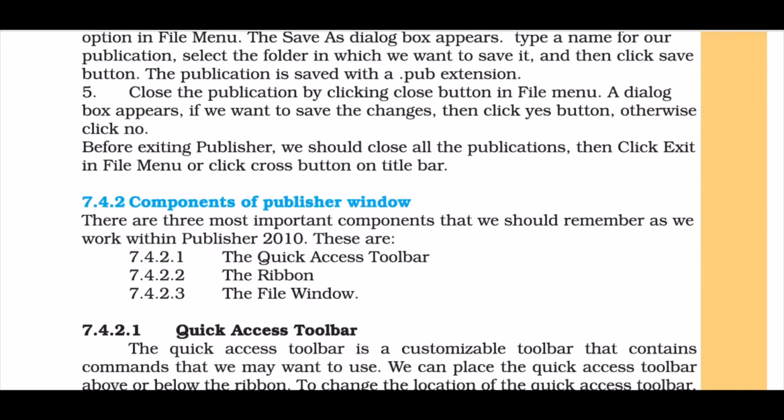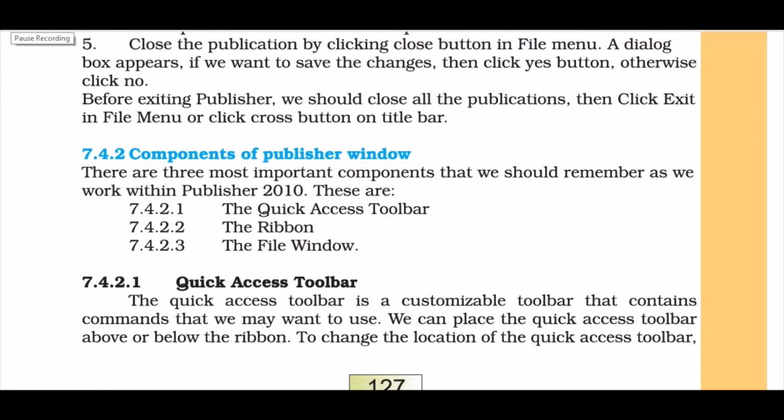Components of a Publisher window. What are the main components? There are three most important components that we should remember as we work with Publisher 2010. These are the Quick Access Toolbar, the Ribbon, and the File window. Let's start with the Quick Access Toolbar. As the name suggests, quick access.